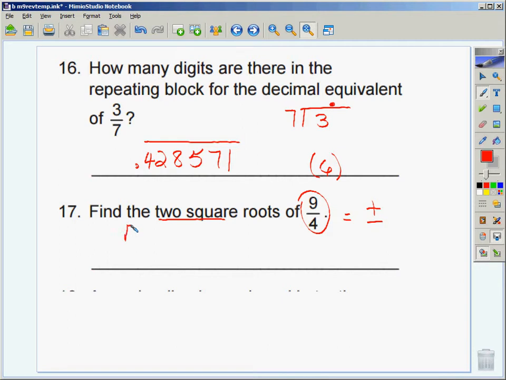So we're taking the square root of 9 over the square root of 4, which would be the same as 3 over 2. But it's possible that not only would I get a 3 over 2, but I would also have a negative 3 over 2. There are my 2 possible square roots. The principal square root is positive. The other square root is its opposite.